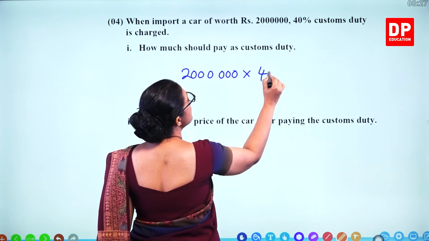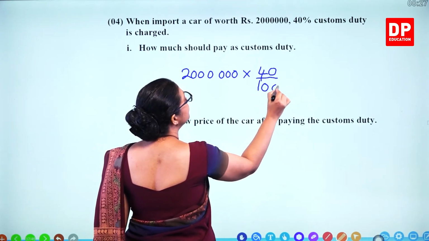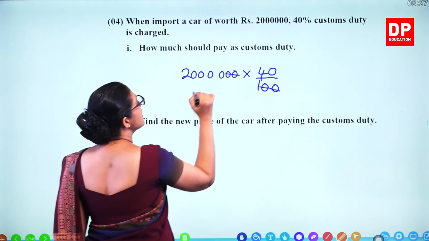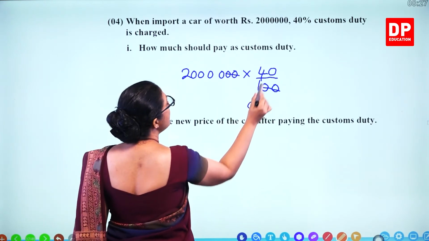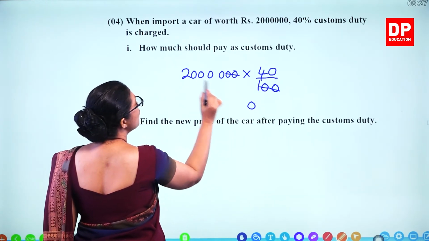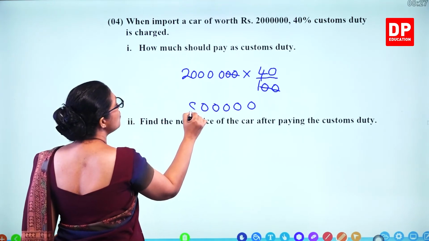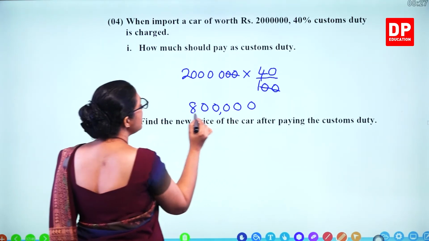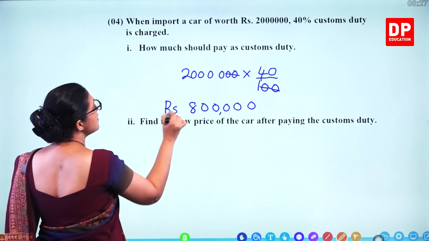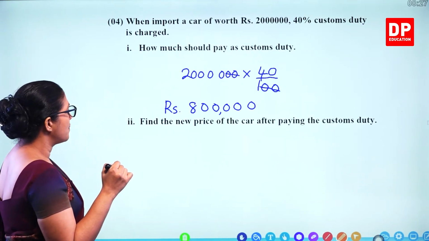Into 40% of that value. 2 zeros get cancelled out. You get 1, 0, 1, 2, 3, 4. Another 4 zeros. 4 times 2, 8. So 800,000 rupees is the customs duty.